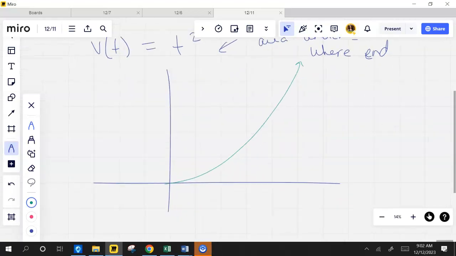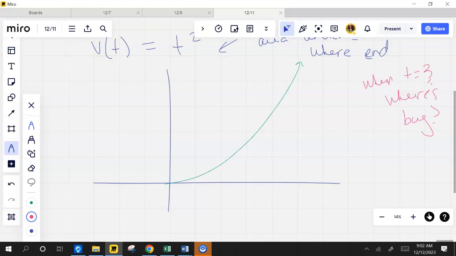Now here's the problem. Let's say I asked you, where is my bug at 3 seconds? It's curved. We don't know how to do that, right? Why? That's velocity.